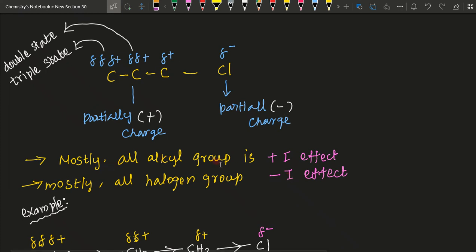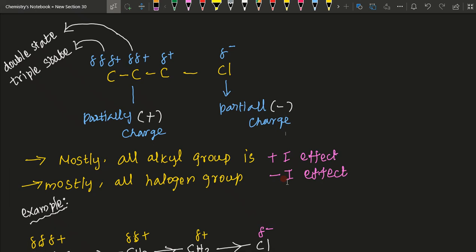For this alkyl group, see the periodic table, in the first row: lithium, sodium, potassium, rubidium, cesium, like this. These all are alkali metals. Alkali metals have positive I effect, and the halogen group has minus I effect.